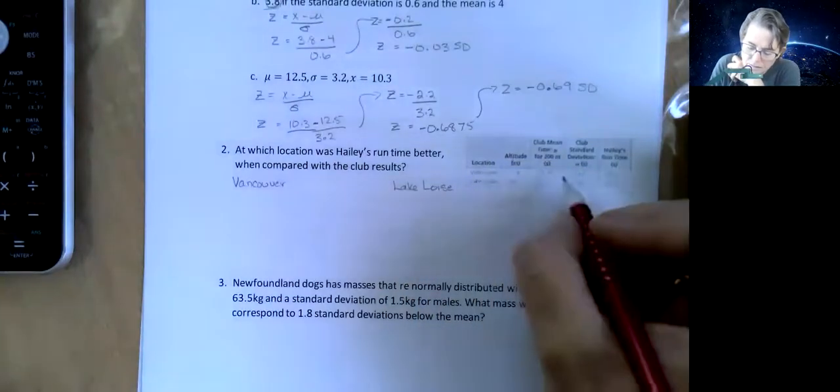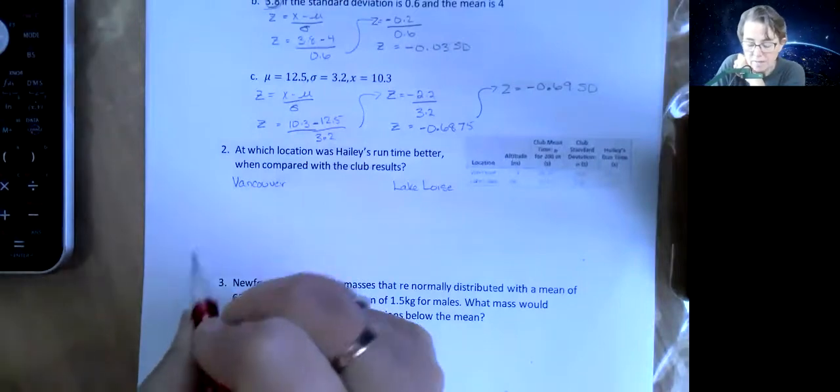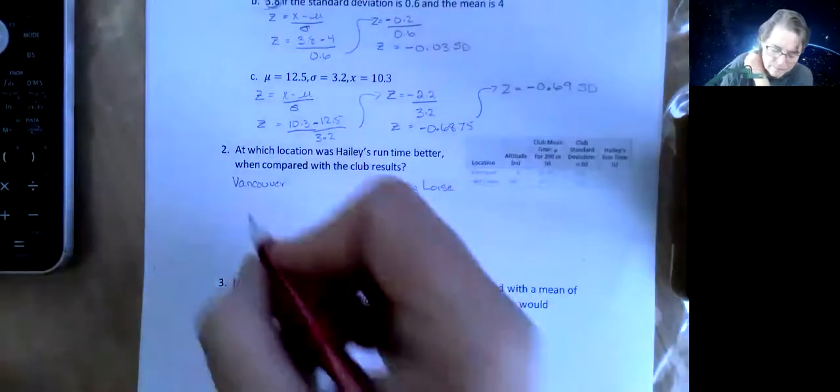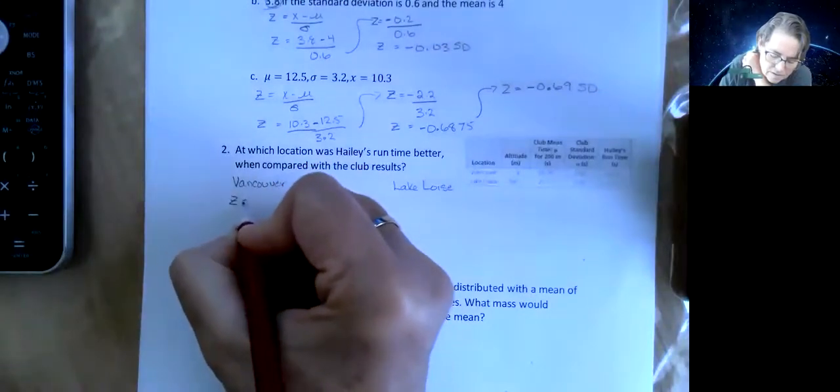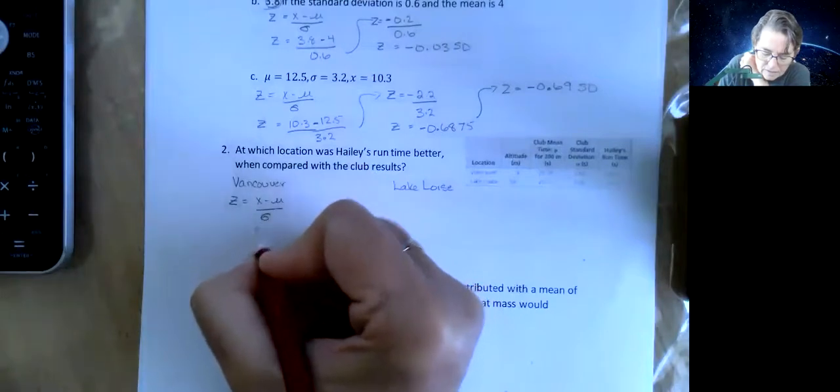All right, so the mean, never mind, we're doing a Z-score. When you want to compare things, and this is the sheet that says Z-score practice, Z-score equals X minus mu over standard deviation.